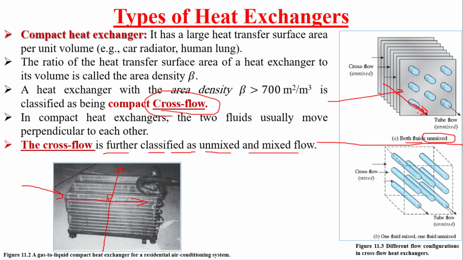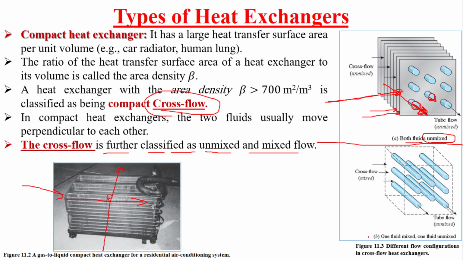Whenever we say unmixed, we mean that the flow flowing inside this tube will not mix with the flow flowing in that tube. The same for the flow coming from this direction: the flow entering the first sheet will not mix with the flow entering the next sheet.